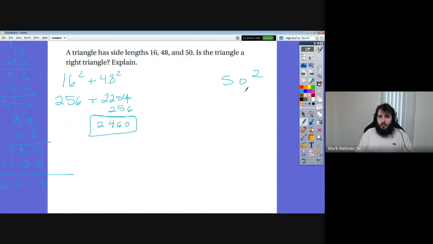Now we're going to look at this one, 50 squared. Well, remember when you've got zeros on the end, you can ignore them and then put them back later. So this is really like 5 times 5 with 2 zeros on the end. Are they the same?